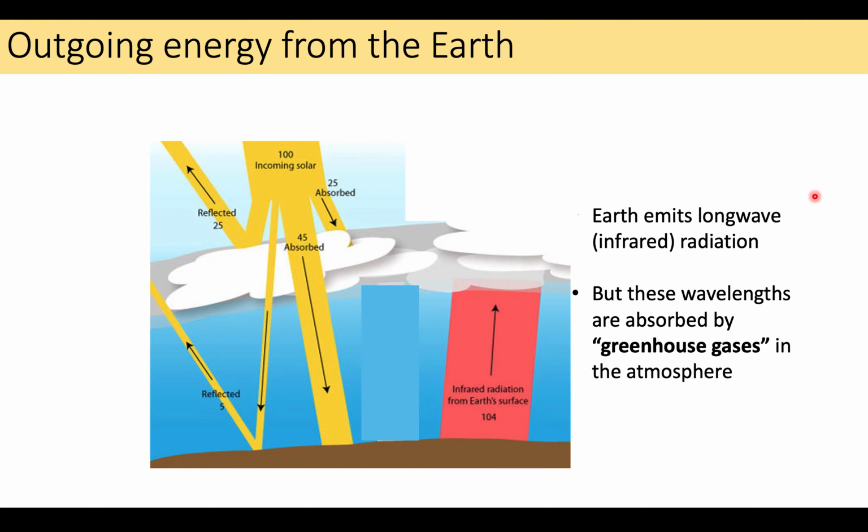We are also radiating heat back out. Some of the energy that we are radiating back out to space, in order to cool the Earth back down and keep it from heating up all day long, over many days and years, will actually be absorbed in our atmosphere. There are certain gases, which you might have heard called greenhouse gases, that absorb the energy we are radiating back out to space.